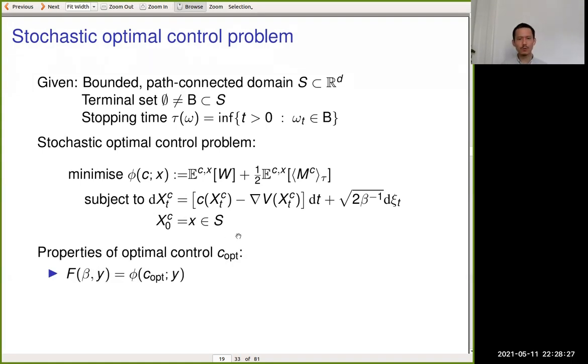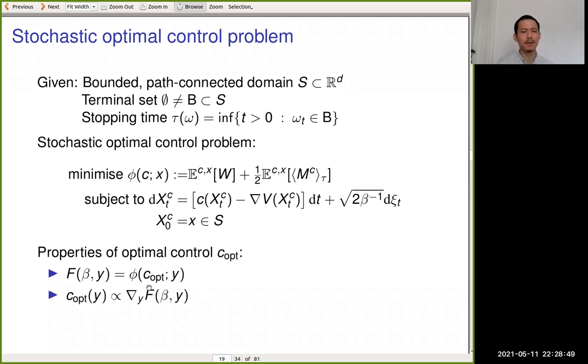Now, I won't go too much into the details, but there are some well-known properties of the optimal control. Under certain assumptions, this problem does admit an optimal solution, which I'll denote by C-opt, namely that this quantity of interest, this conditional free energy, for any y in S, is equal to your objective functional evaluated at the optimal control.